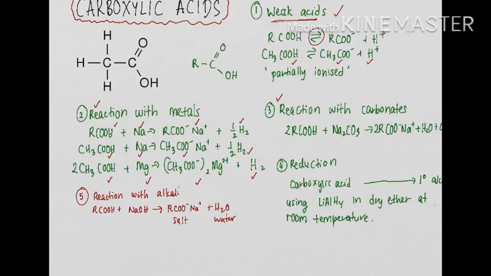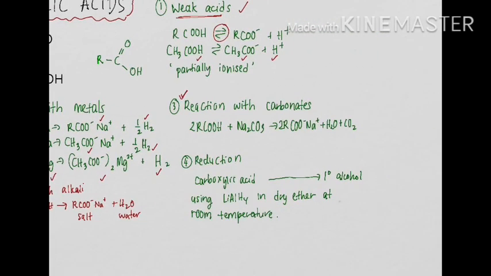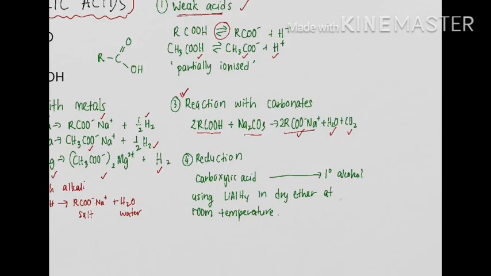Now apart from that, you will also have the reaction with carbonates. The reaction with carbonates gives you salt, water and carbon dioxide. So if you have RCOOH with sodium carbonate, you will get this with water and carbon dioxide.